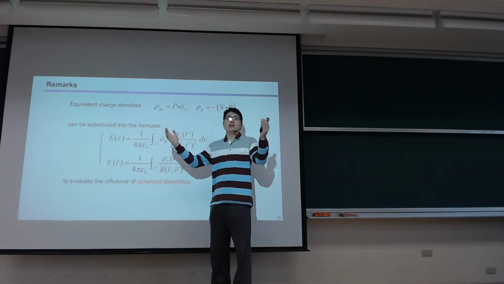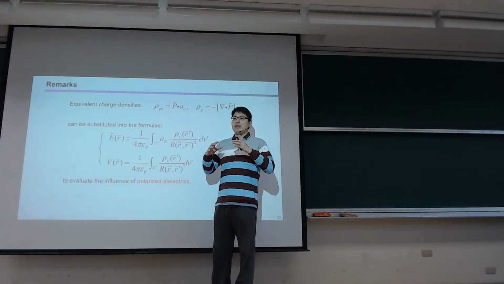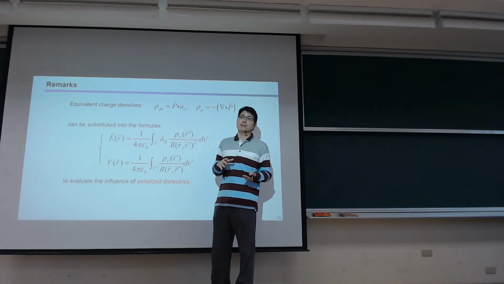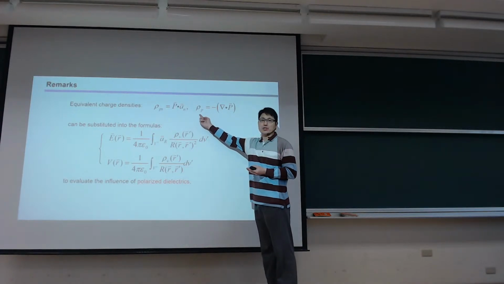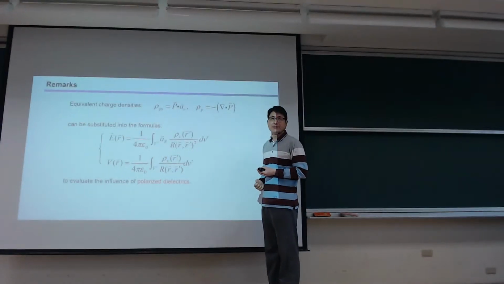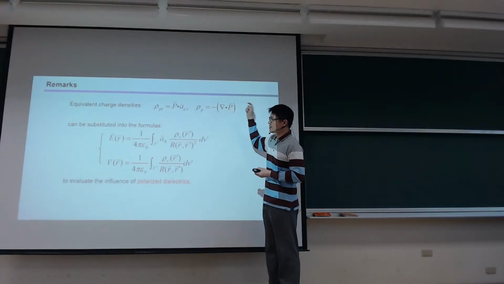And if you have inhomogeneous material, those induced electric dipoles end up giving you effectively some volume charge density, negative divergence of P.